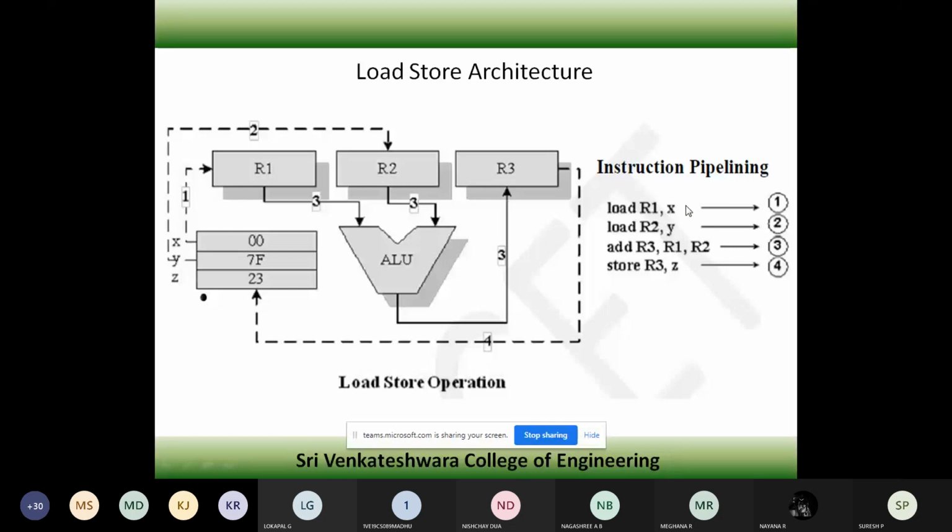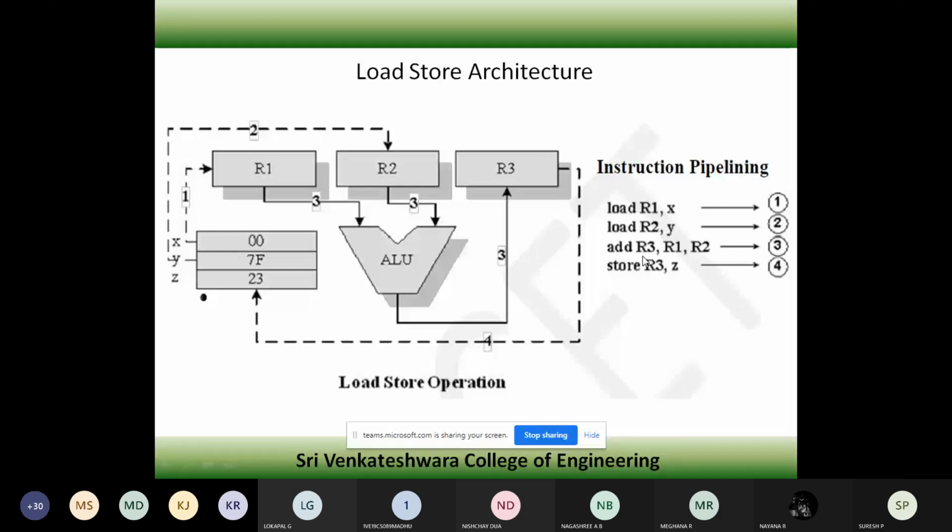Instruction 1 loads the data from memory location X into register R1. The second instruction loads the data from memory location Y into register R2. The third instruction adds the contents of registers R1 and R2, and the result is stored in R3.